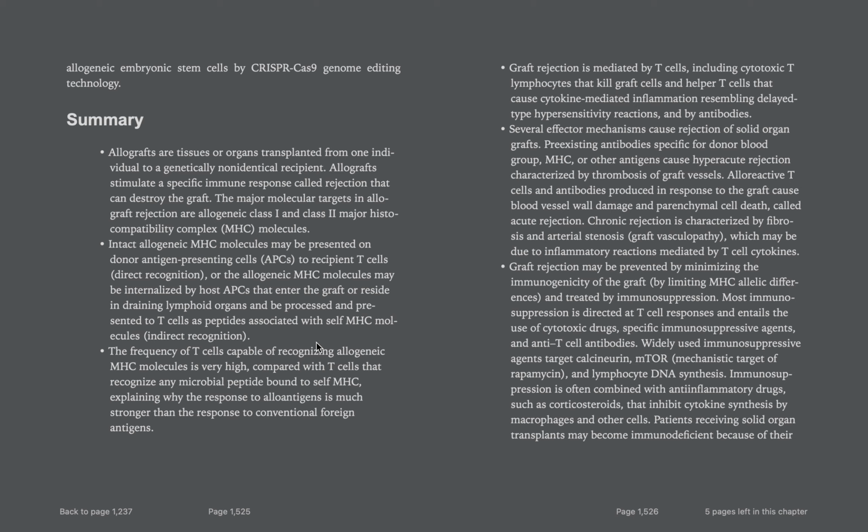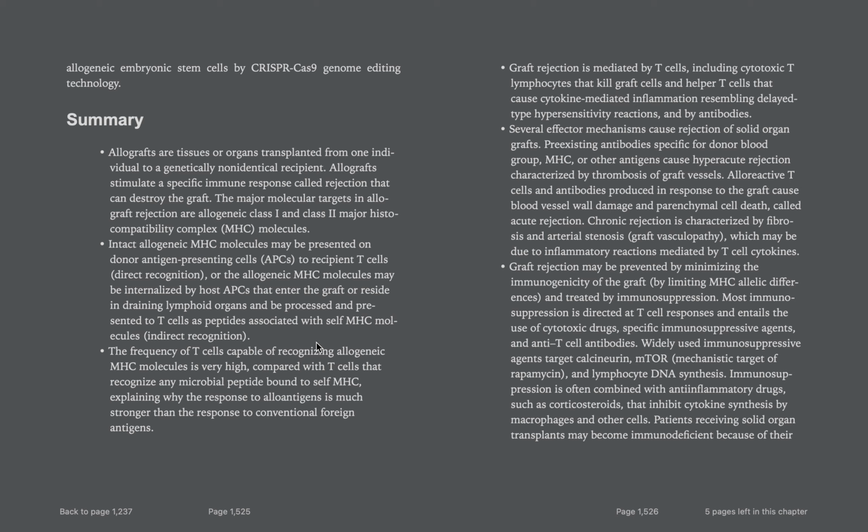Intact allogenic MHC molecules may be presented on the donor antigen presenting cells to recipient T cells, called direct recognition, or allogenic MHC molecules may be internalized by host antigen presenting cells that enter the graft, reside in draining lymphoid organs, and be processed and presented to T cells as peptides associated with self MHC molecules, called indirect recognition.